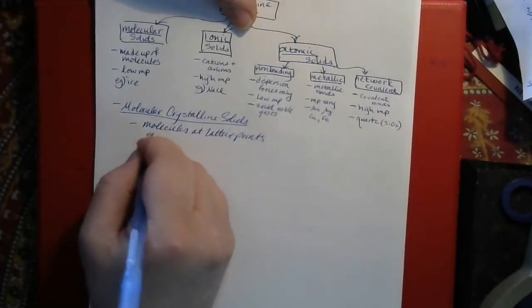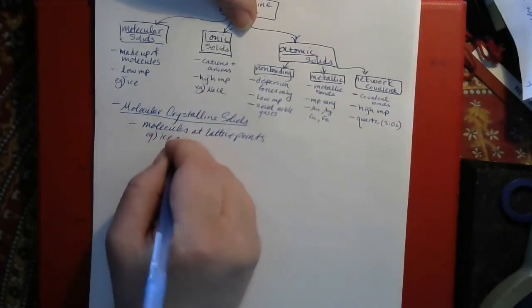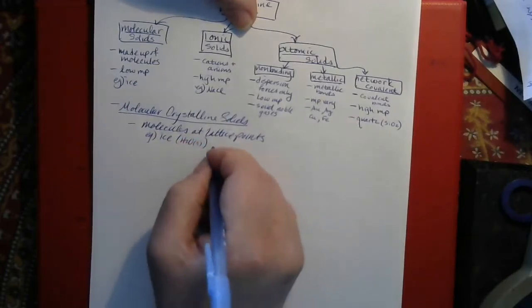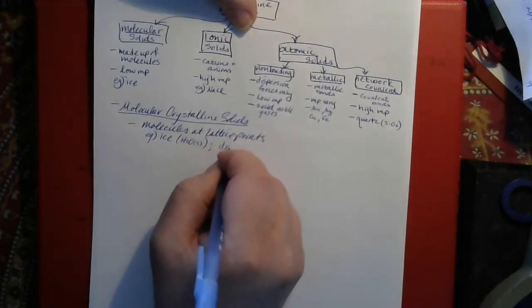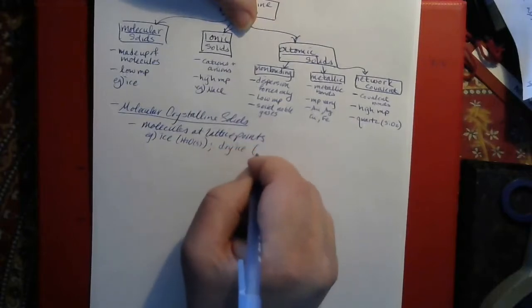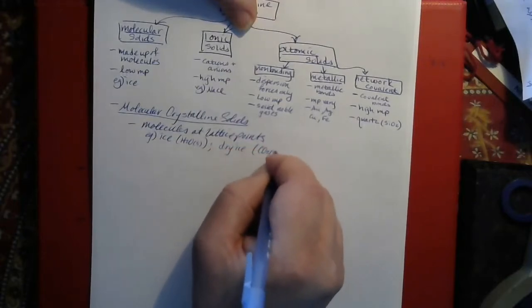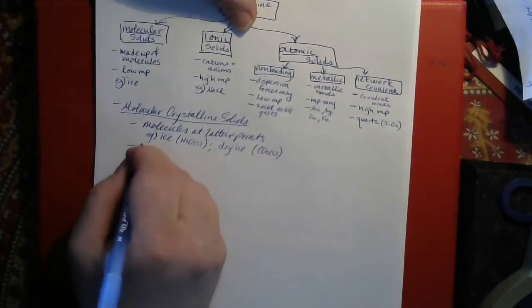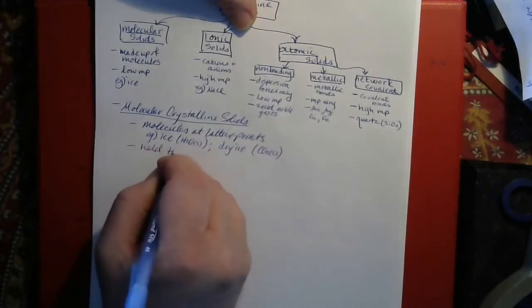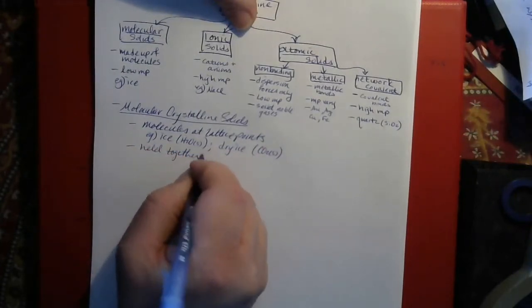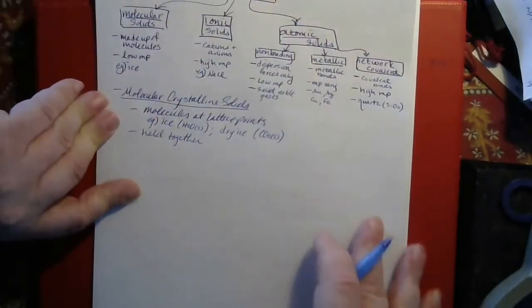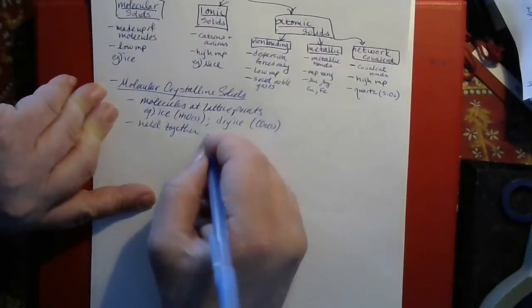Some examples would be ice, or solid H2O, and also dry ice, which is solid CO2, are both examples of this type of compound. They ultimately are held together by intermolecular forces that vary with the type of molecule.